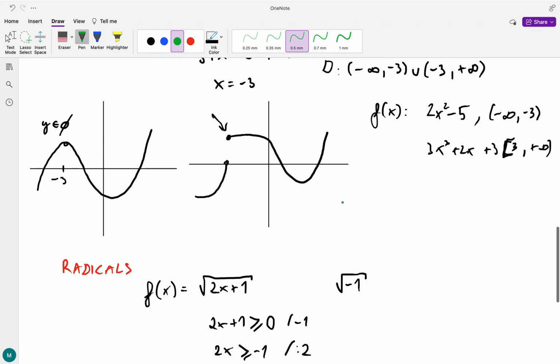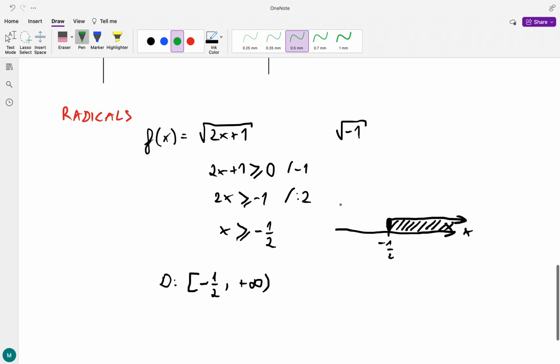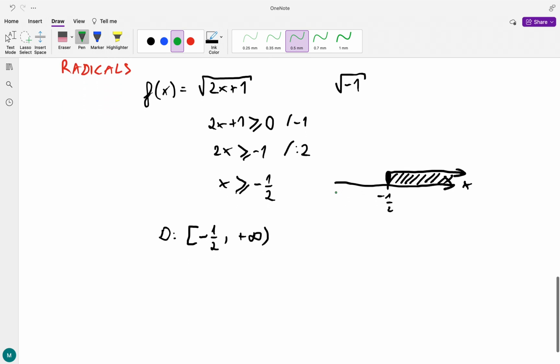If you have a radical, then it's a slightly different case. You are not going to have a linear equation to solve. You are going to have an inequality because we cannot have negative numbers underneath the radical. Those are called imaginary numbers, and we're going to work with them a little bit later, but that will make our function undefined. So we need to solve a simple inequality, and then we can proceed in the same way.